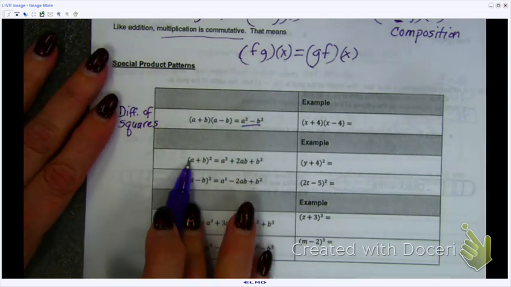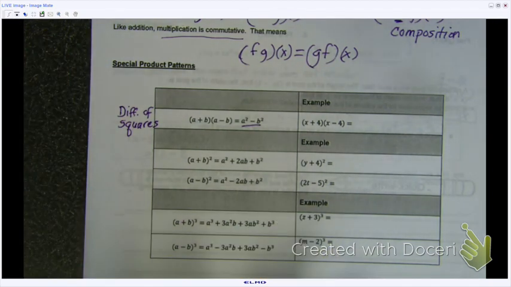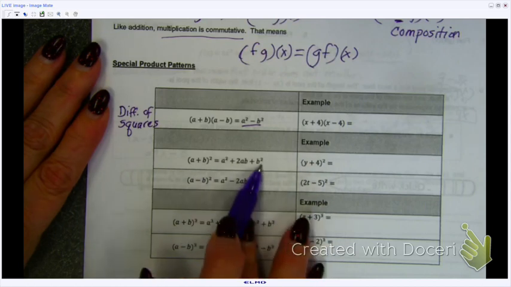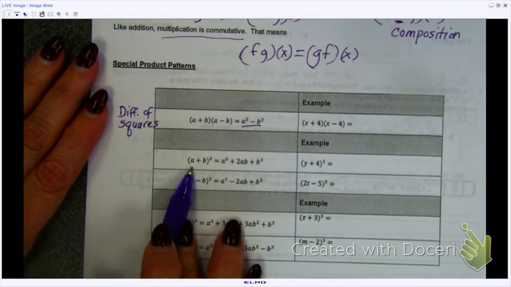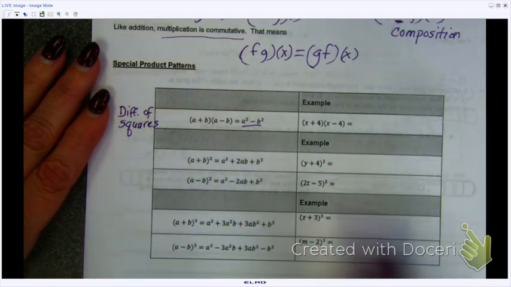Whatever the first term is times the second term times 2. That pattern always exists. So if you see it in this format, you know how to factor it without going through the factoring steps, and that saves you time. Or if you see it in this side, you can expand it very quickly.